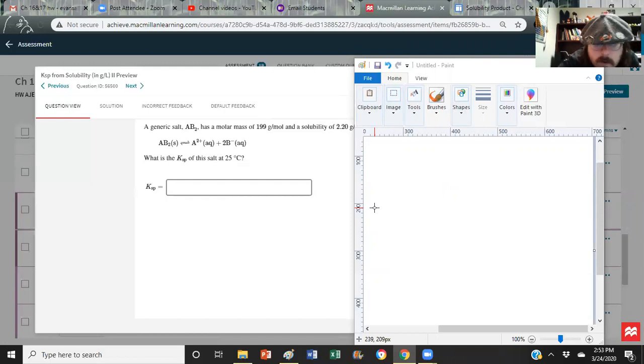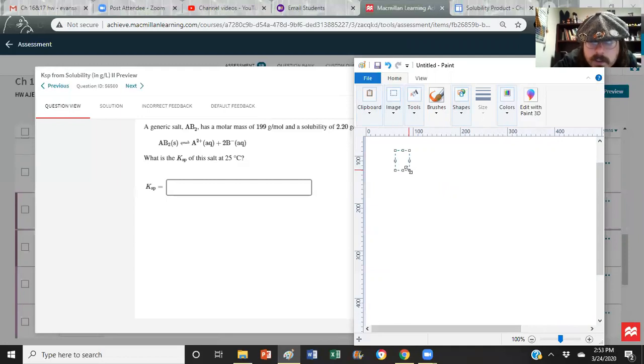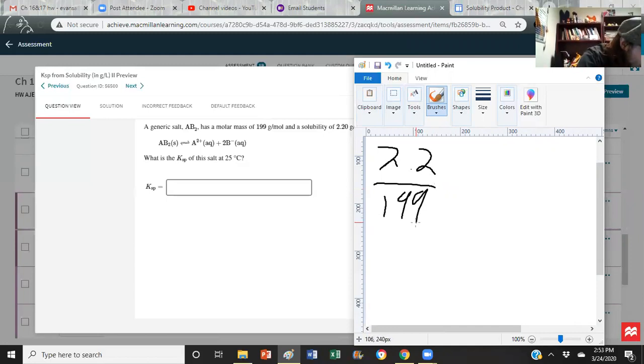We have to find out what my molarity is. 2.2 divided by 199 gives my molarity, and that gives how much AB2 dissolves, and that's 0.011. The problem is that 0.011 of A would dissolve, but every A that dissolves would produce 2 B's.